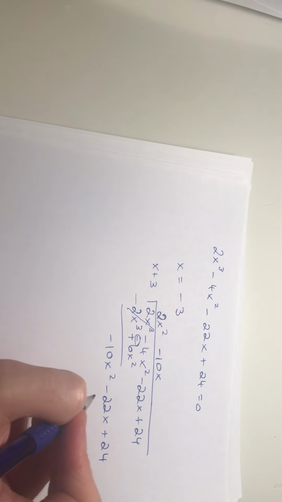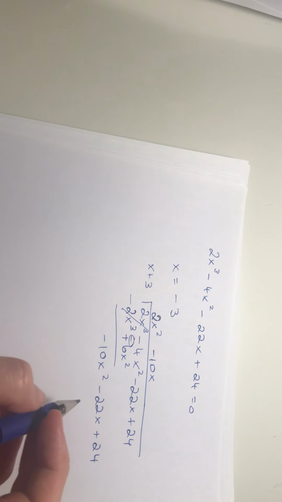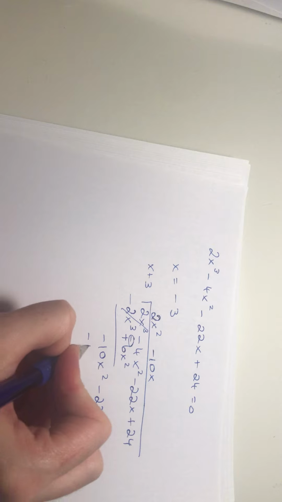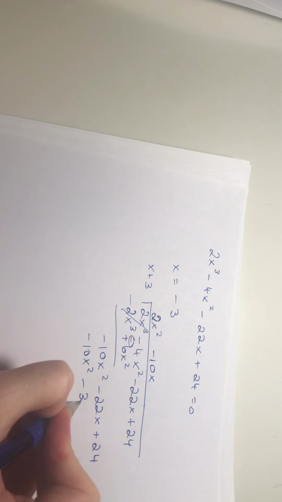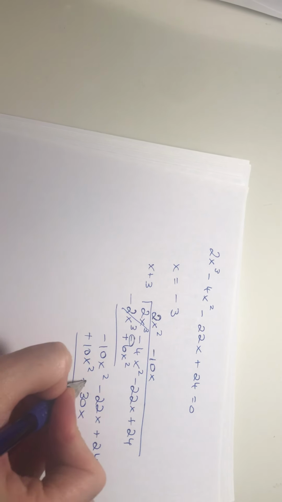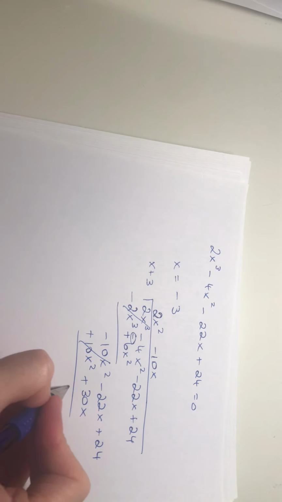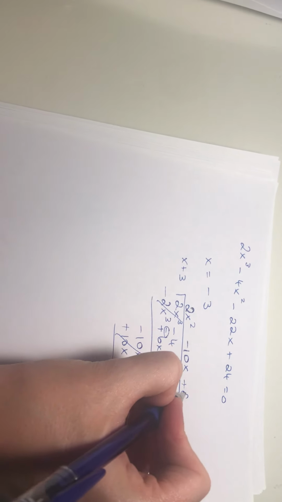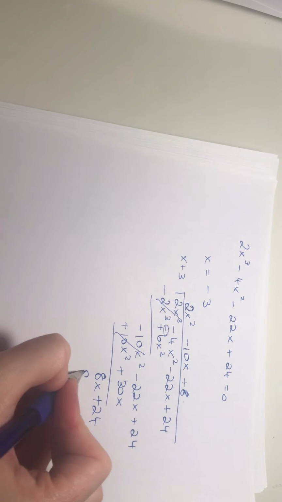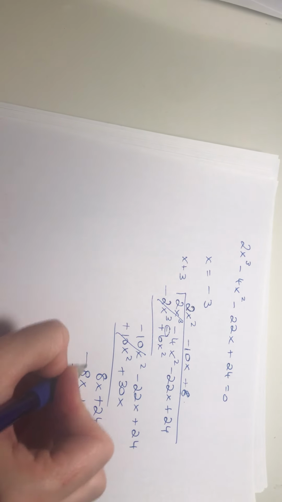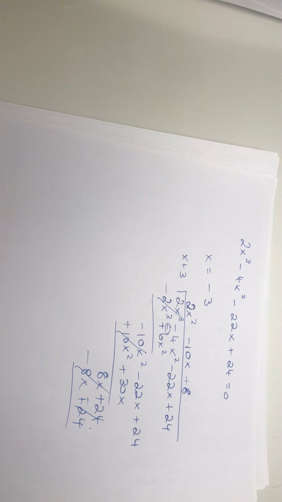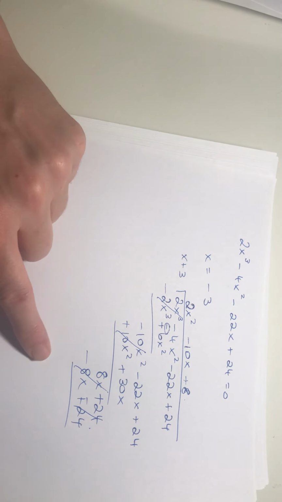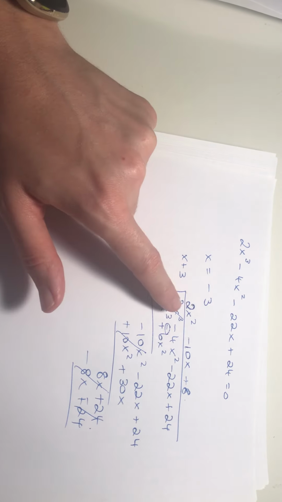And take it to the side if you need to, minus 30x, and subtract. That's 8x plus 24. So that's a plus 8 up there. 8x plus 24, subtract. Brilliant, all works out because I knew I had a factor. My remainder is 0.